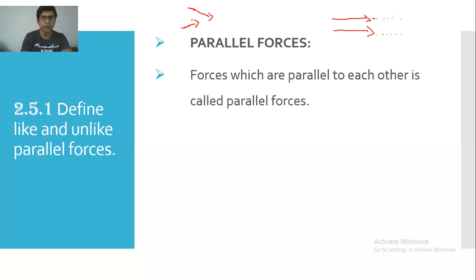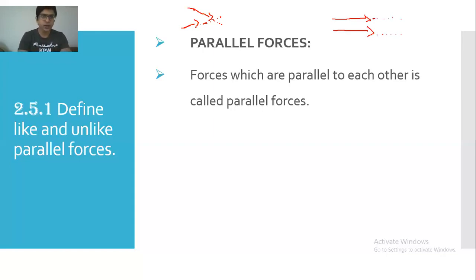Because if I extend them a little bit, they will intersect at a point. Getting the point? Those lines which do not intersect are called parallel, and those lines which intersect at a point are called non-parallel lines. So the definition of parallel forces is forces which are parallel to each other.